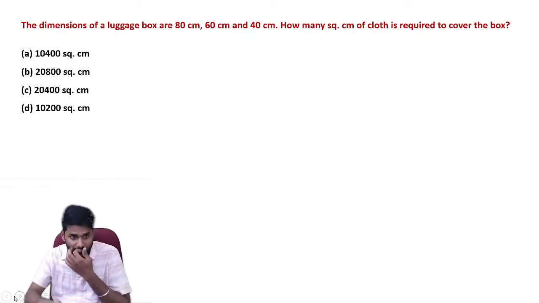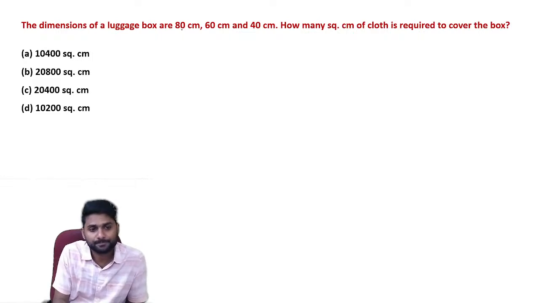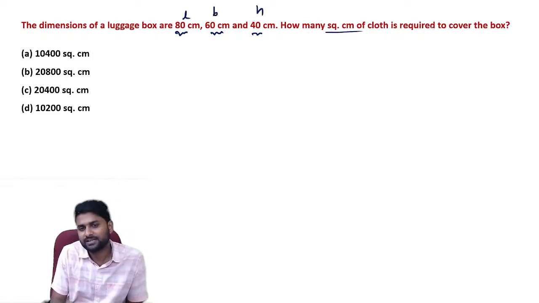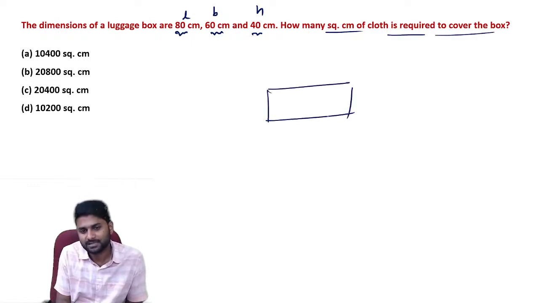The dimensions of a luggage box are 80 centimeters, 60 centimeters, and 48 centimeters. Let's take L, B, H. Then how many square centimeters of cloth are required to cover that box? Let's take that this is the luggage box.